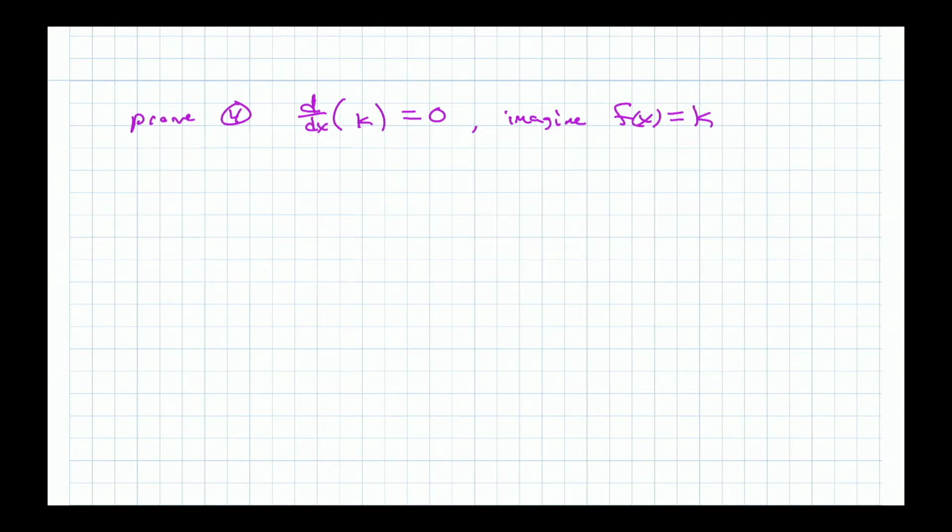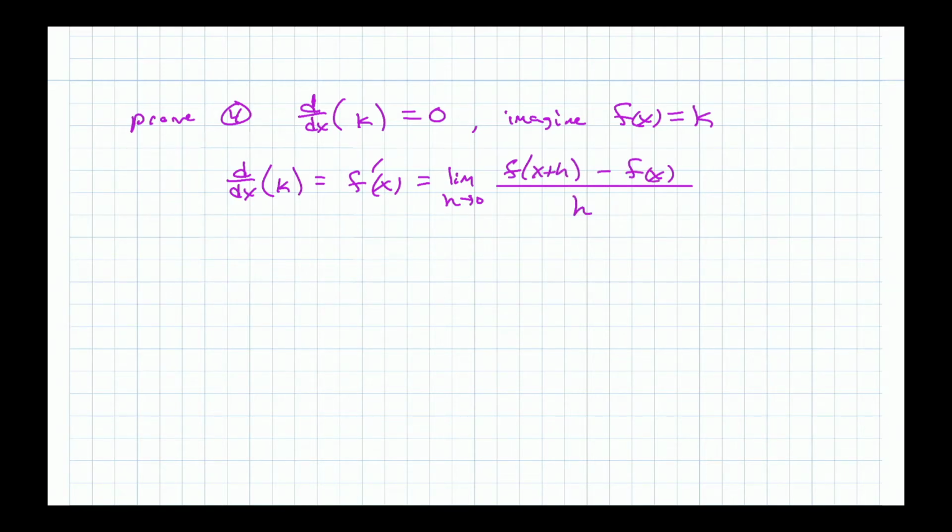Then the derivative of k in that case is just f prime of x, which is, of course, the limit as h goes to 0 of f of x plus h minus f of x over h.